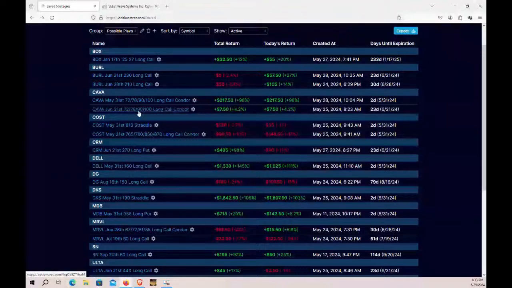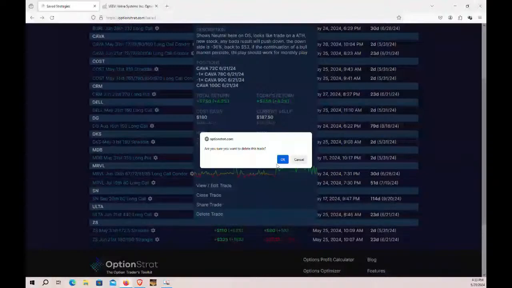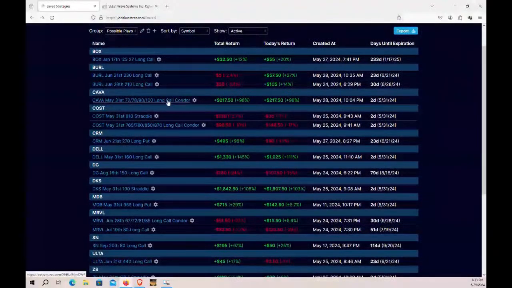I don't know why I did that. Even so, today it would be a $50 profit, but it's also not supposed to be this one, because for earnings it would be for this week or next week, and the play would be the one on the top for this week. If I did the one on the bottom, that's okay. For this one, that would be the play for Kava.